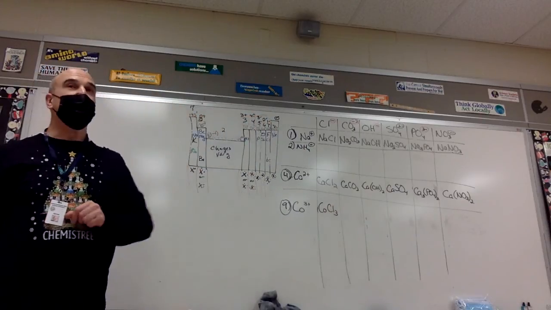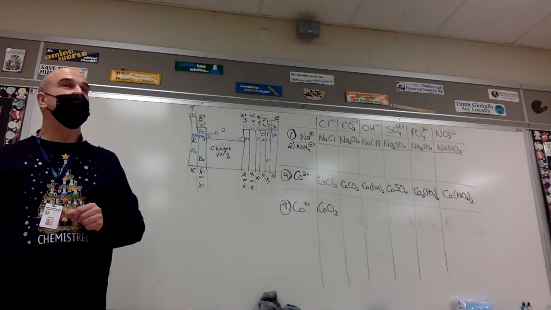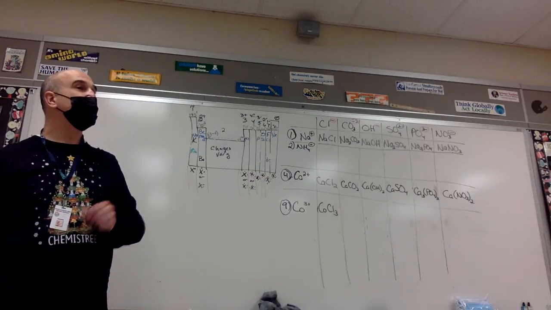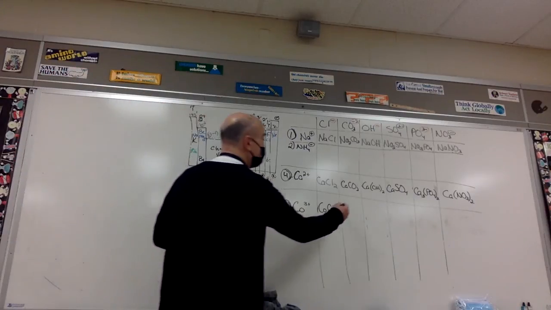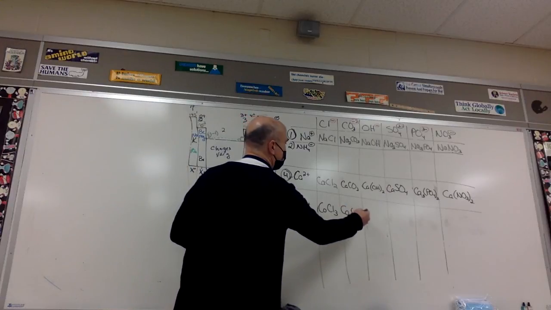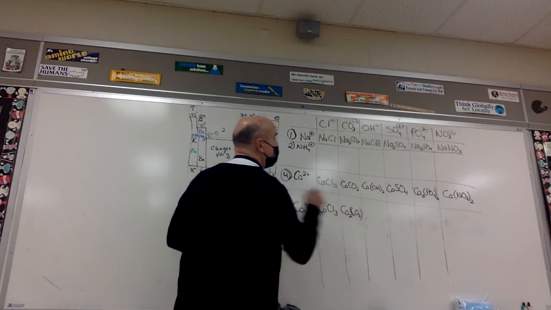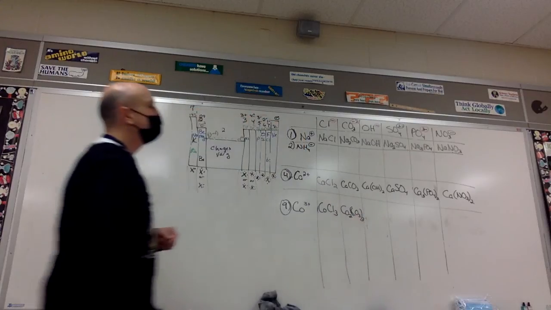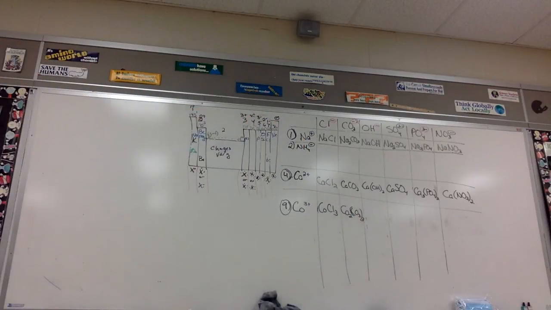What about cobalt with carbonate? Co2 and then CO3 too. CO3. Oh wait, 3. 2 cobalts will give us +6. 3 of the carbonates will give us -6.